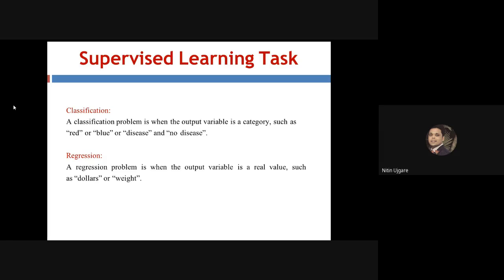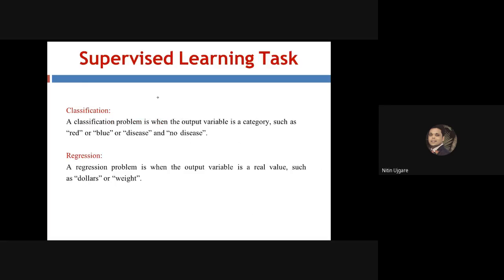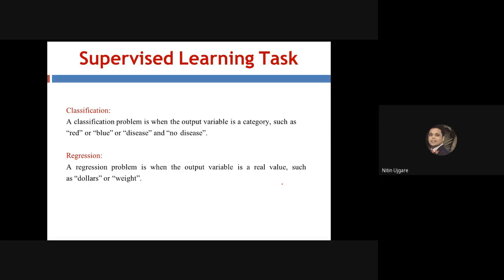So what is a classification task? A classification problem is when the output variable is a categorical variable, such as red, blue, disease or no disease. So these are all categorical variables.